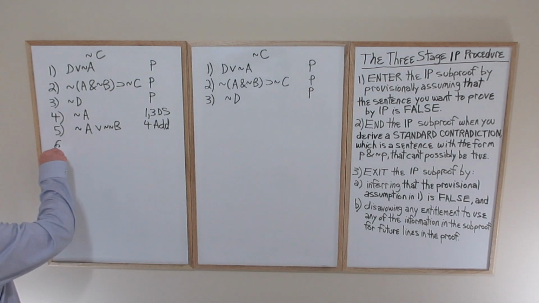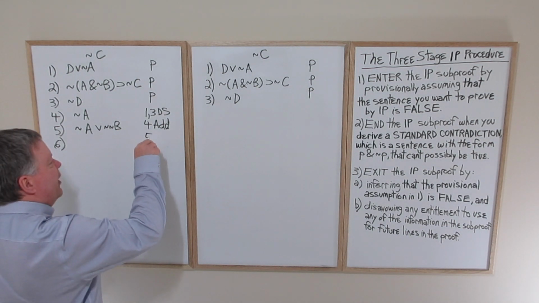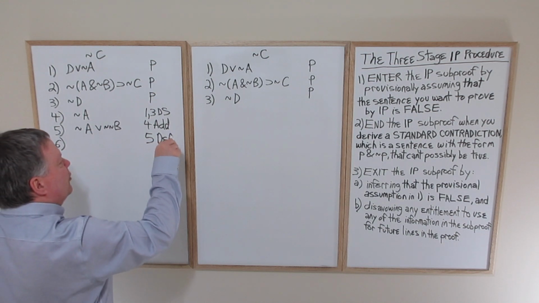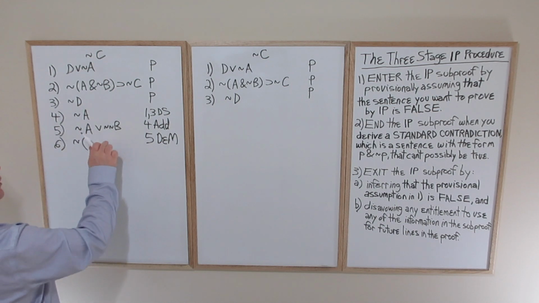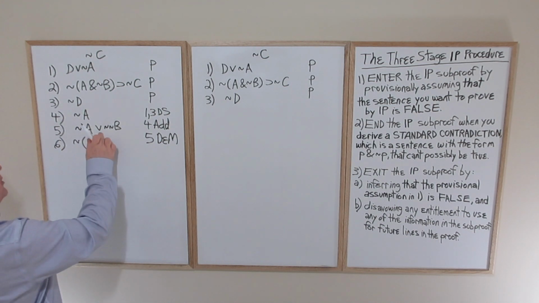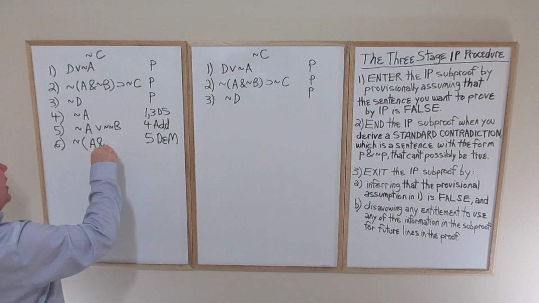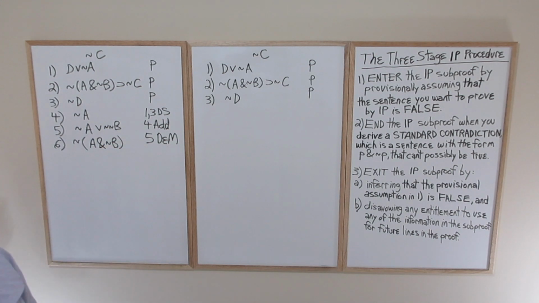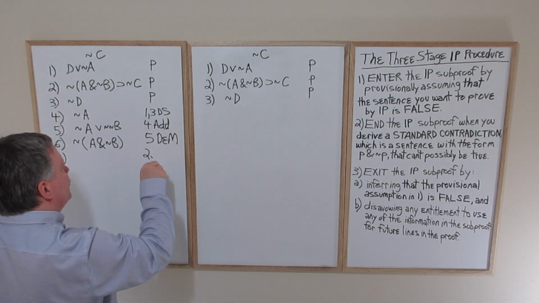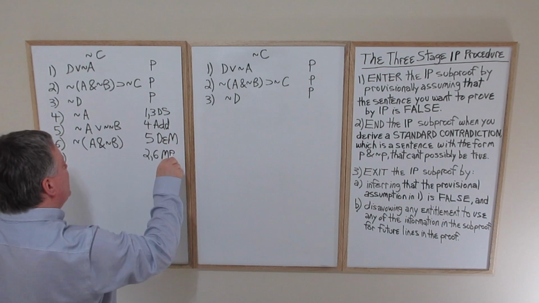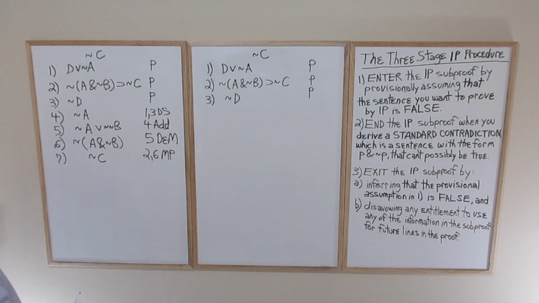Being familiar with the rules, we do the correct addition step so that 5 De Morgan's will then give us tilde, and then we remove a tilde from both sides and change the or to an and to get A and tilde B, so that 2, 6 modus ponens gives us the conclusion.